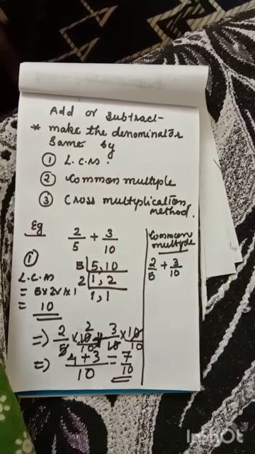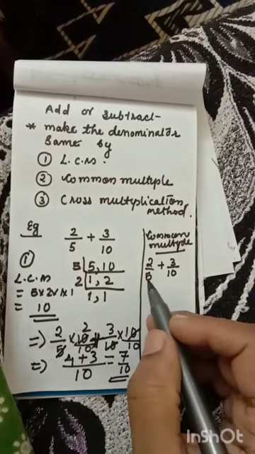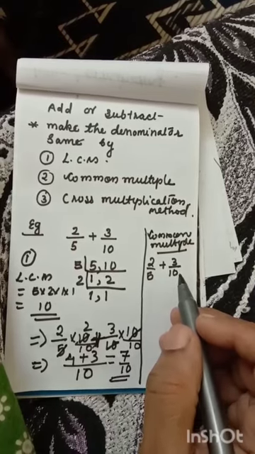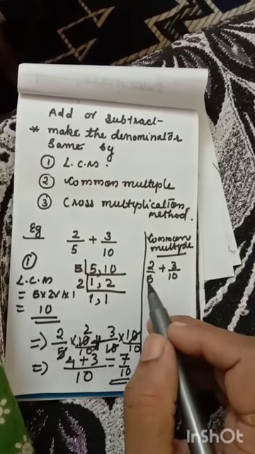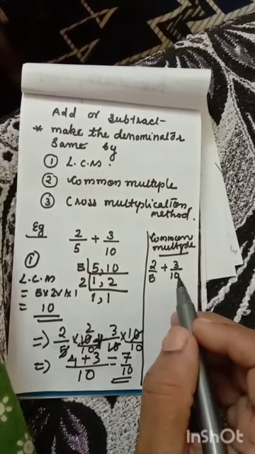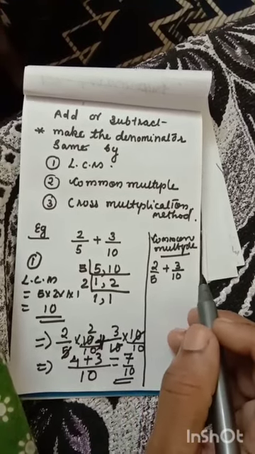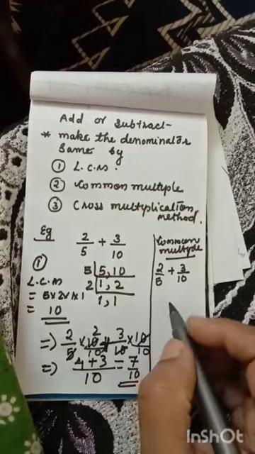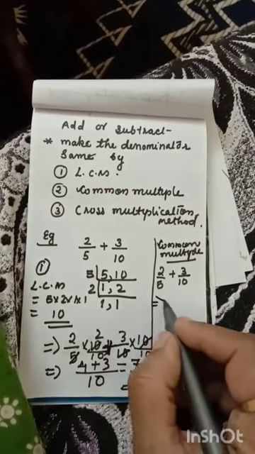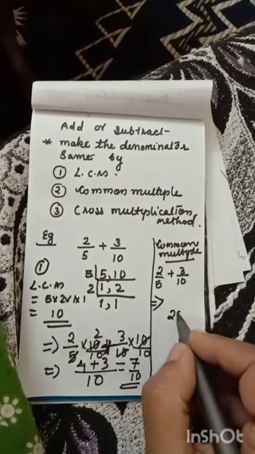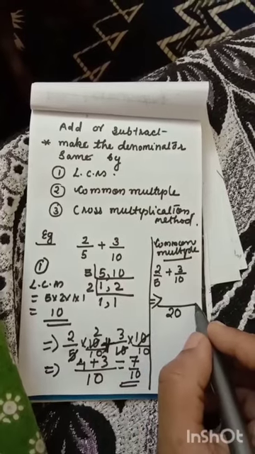That number should come. 5 table 10 is coming, 10 table 10 is coming. Otherwise 5 table 15 coming, 10 table 15 not coming. 5 table 20 coming, 10 table 20 coming. Then you can take 20. It is not the LCM. This is a common multiple.